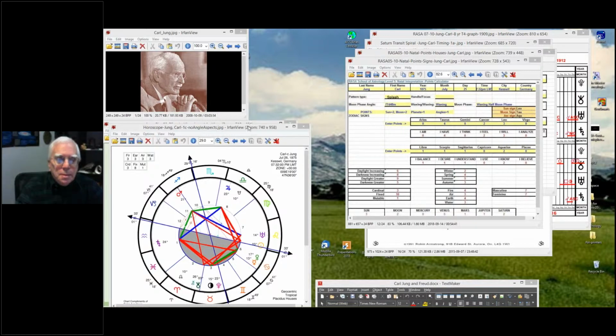So this is something in hindsight, the chart in hindsight. So it's in a way easier to work with than projecting ahead, but it allows room to interpret and we begin to see what's happening, what happened in his life against the background of the transits.